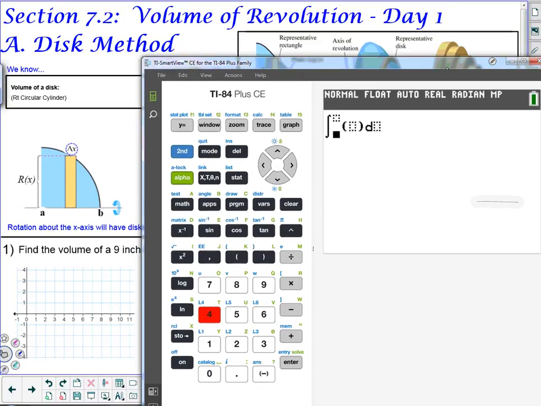What was it, from 1 to 4? And mine is sitting in y2. So, hey, the easiest thing to forget is your pi sign. Get pi in there.